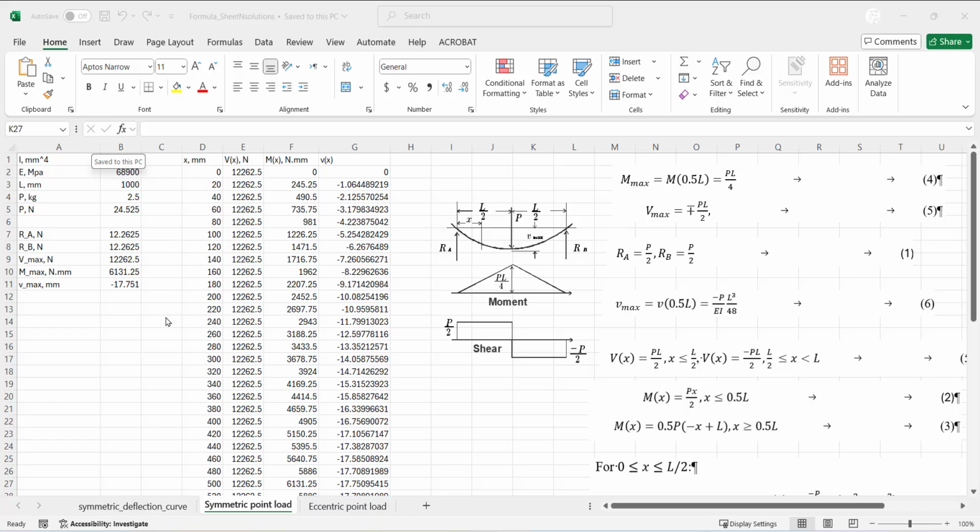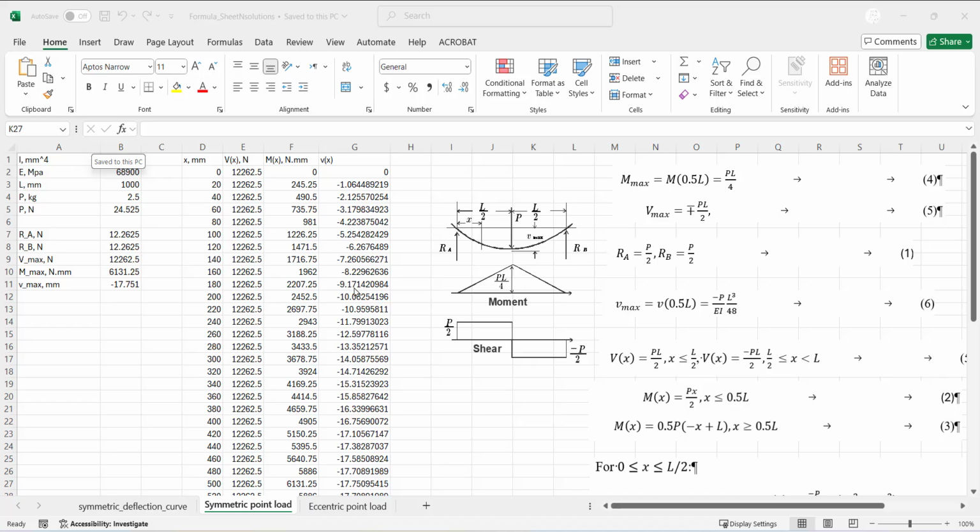Here it has been assumed that the external load P is 2.5 kilograms, which is larger than the real load you will be using in your experiment. And as you can see, the simulated run would provide the displacement as a negative number, so 0 for the reaction at the left-hand side.